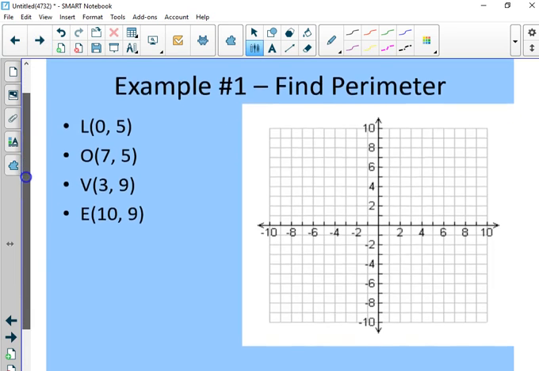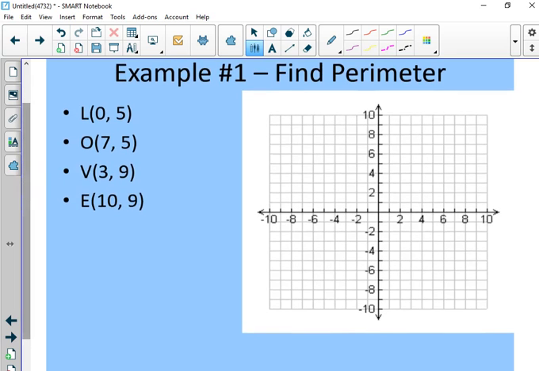So let's put these points on. 0, 5. 7, 5. 3, 9. And 10, 9.